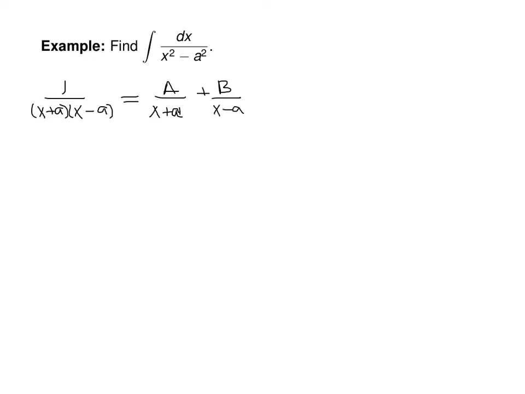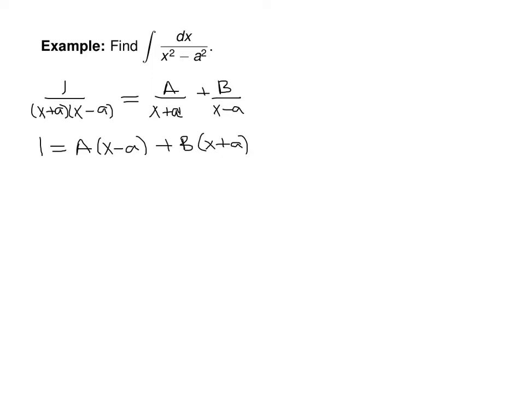And now if I multiply by (x plus a)(x minus a), I have 1 equals capital A times (x minus lowercase a) plus capital B times (x plus lowercase a).